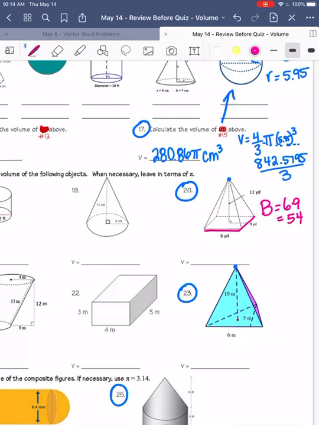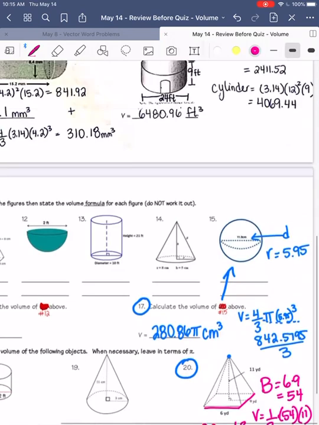Which is 54. And now we can do the volume formula, which is 1/3 big B, and then the height of the pyramid is 11. So I'm going to type in 54 times 11, which is 594, and divide that by 3, which is a nice number, 198 yards cubed.